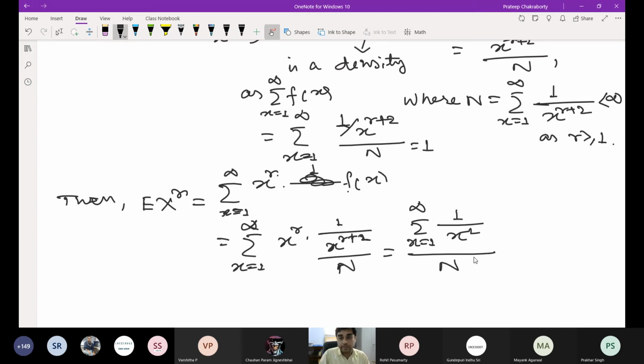But this infinite sum converges, so this is finite.